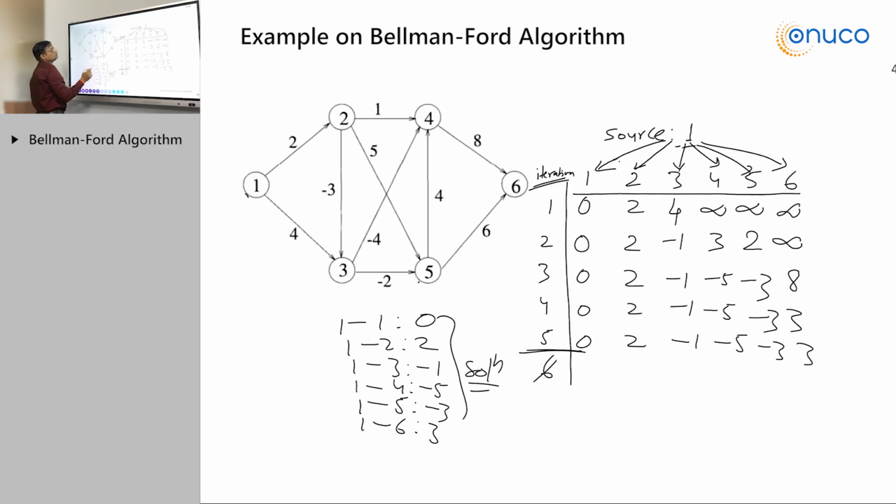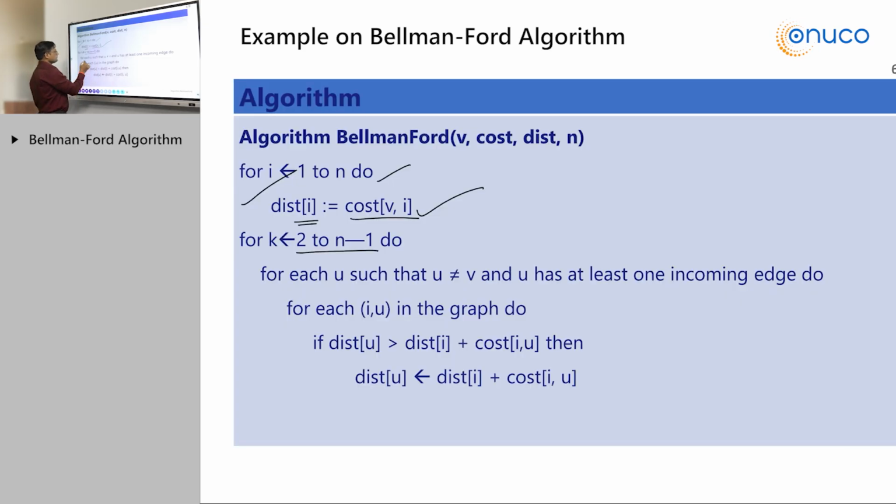So if you see our solution, this is the direct distance. Hereafter you are looking for the indirect distance, k equals 2, 3, 4, 5, after applying this formula.